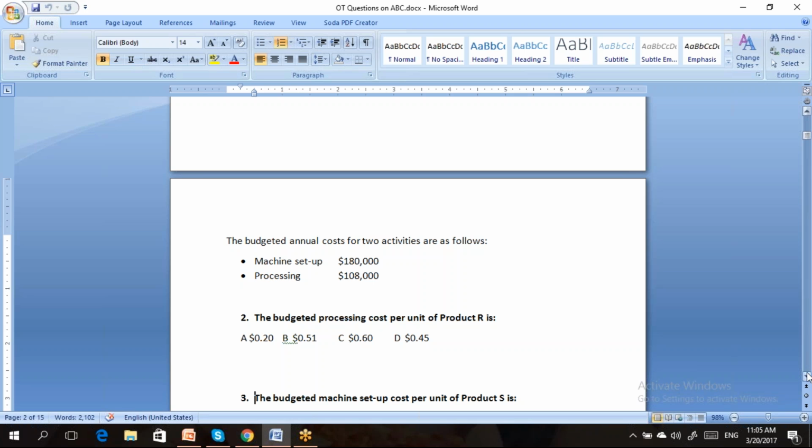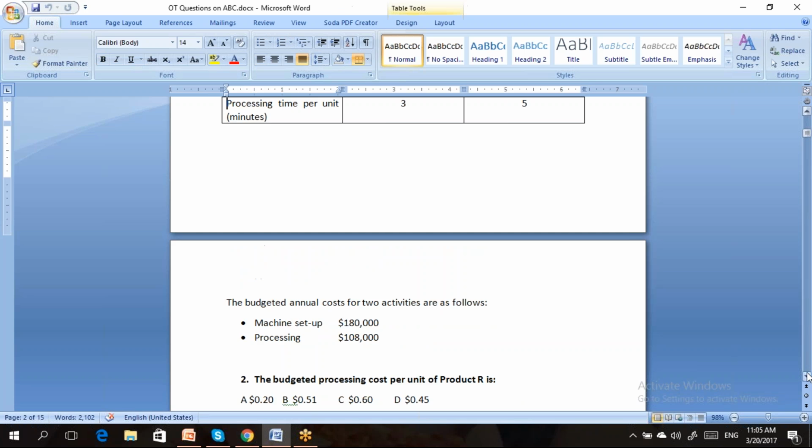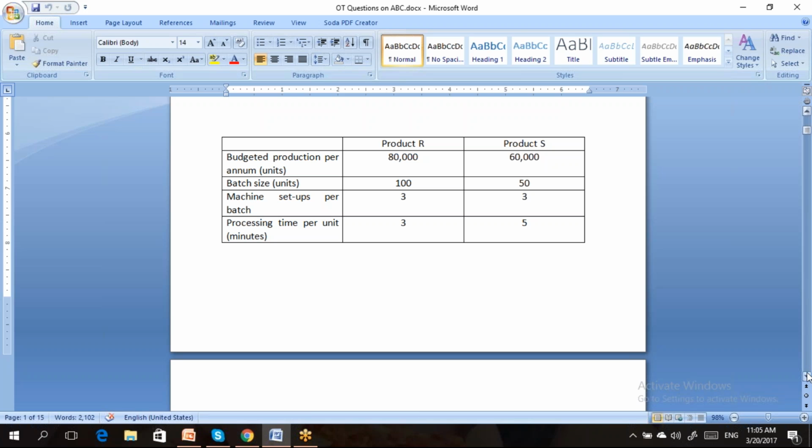So what you did was you took the total processing time of R, which is correct, right? Processing time of R per unit is 3 minutes. So 80,000 units means 240,000 processing time for R. But that total processing cost of 108,000 is not only for the 240.